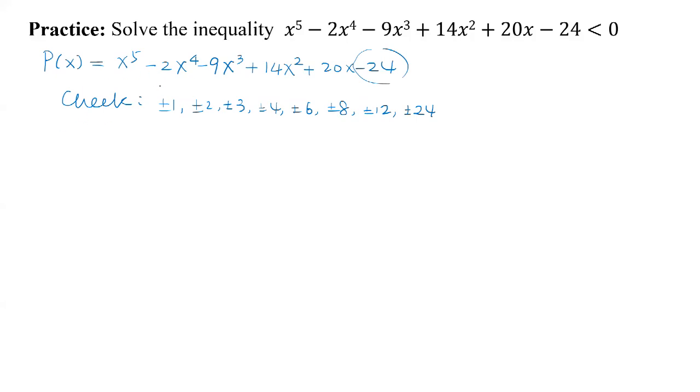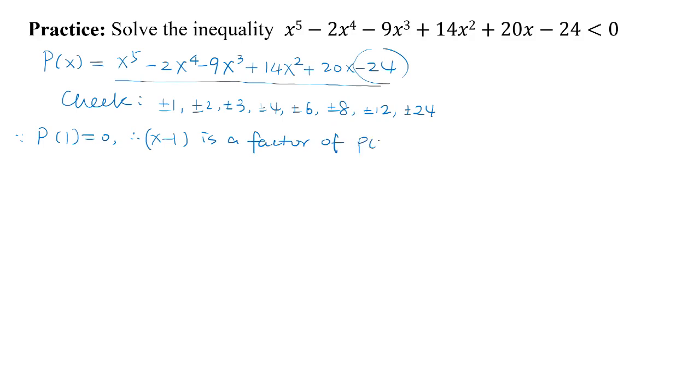And then check if these numbers can make p(x) be 0, right? So let's start with 1. Apparently when you put 1 in there, you will get a 0, right? So because p(1) is 0, then x minus 1 is a factor of p(x), right?